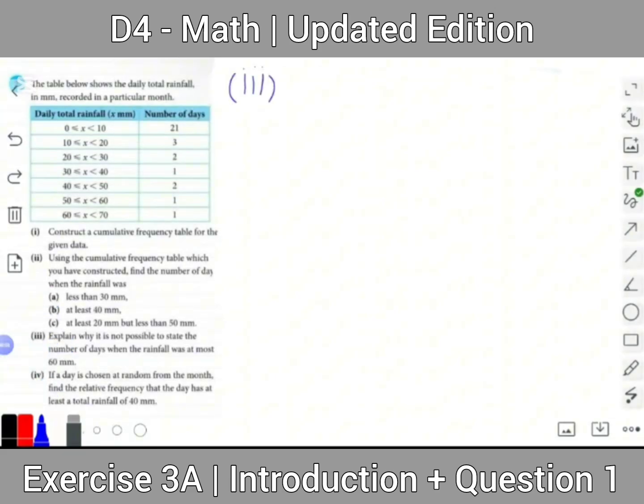Now in the question 3, explain why it is not possible to state the number of days when the rainfall was at most 60 millimeter.